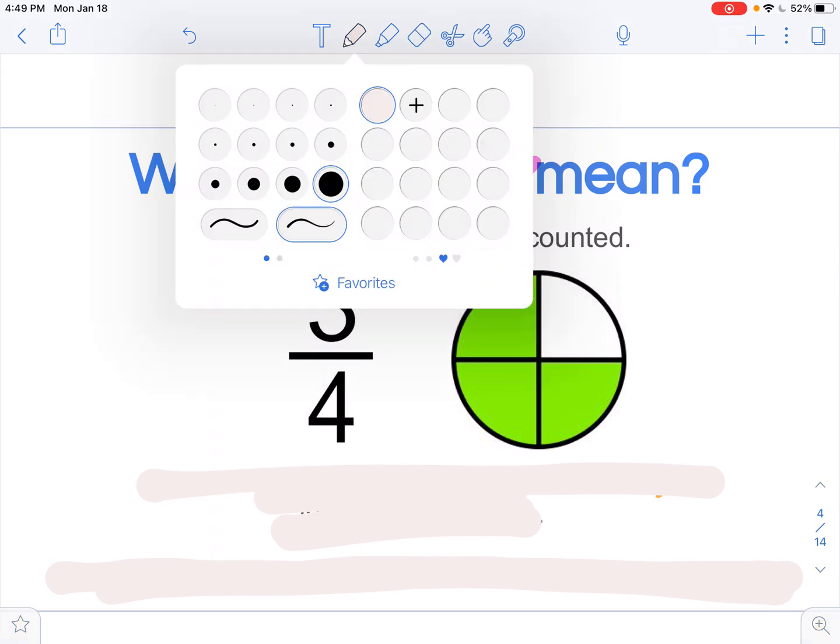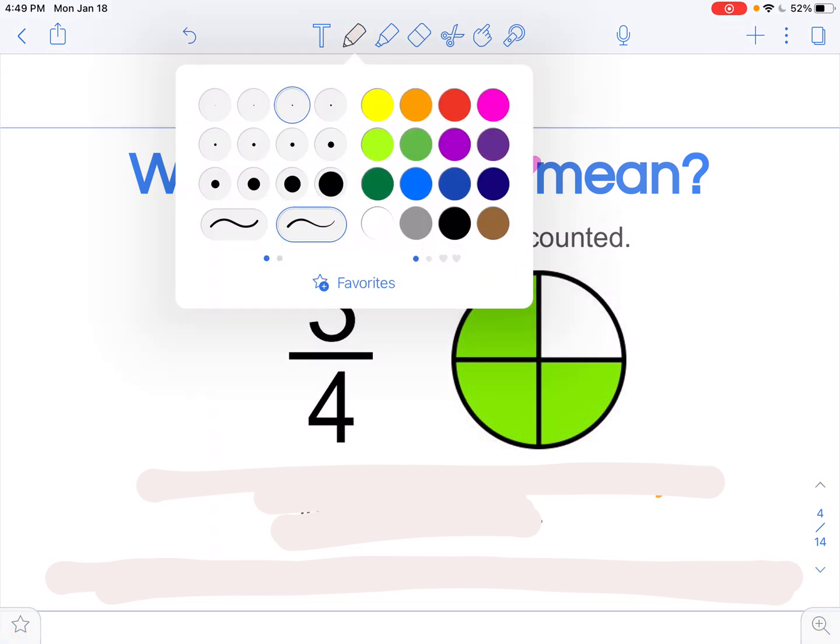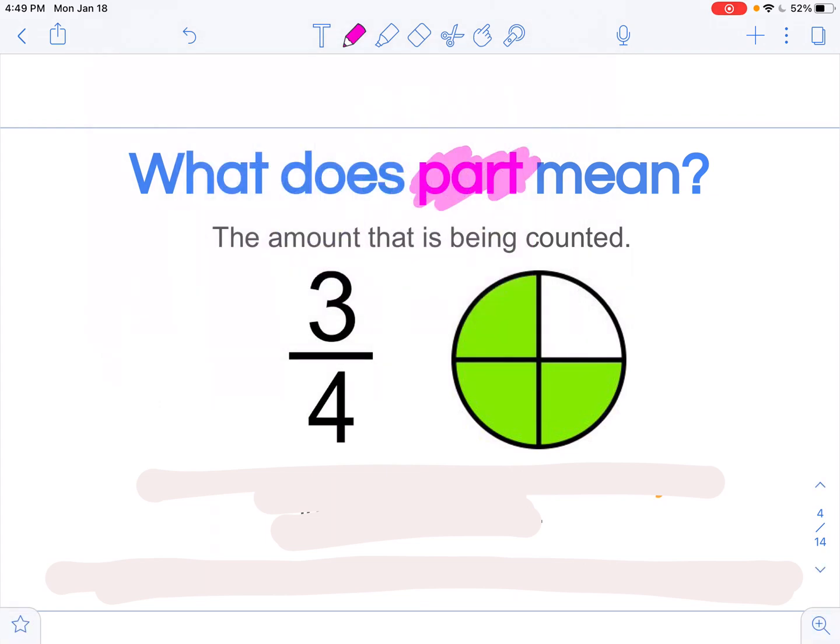If we're talking about the part, I can count these green parts, 1, 2, 3. It's the amount that's colored in. It's the amount that I am counting in that picture. There are 3 parts in that circle.